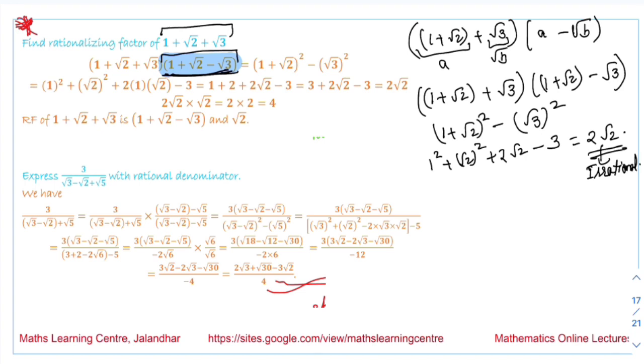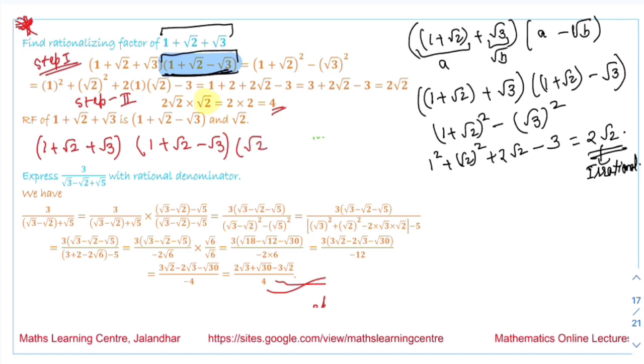Now to make this rational, we are multiplying it with root 2. We are saying this is step 1 and this is step 2. So basically the final answer you will get is 4. It means I have multiplied it with 1 plus root 2 minus root 3, and I have multiplied it with root 2.